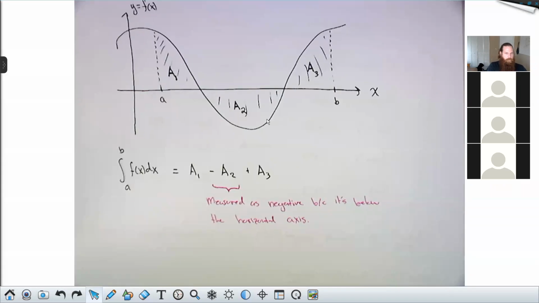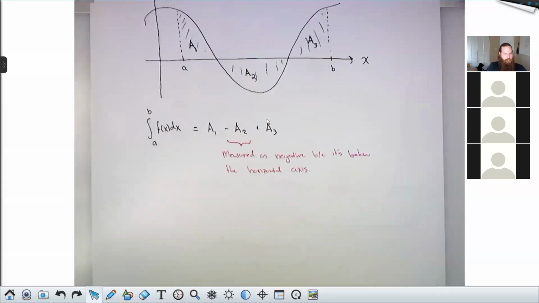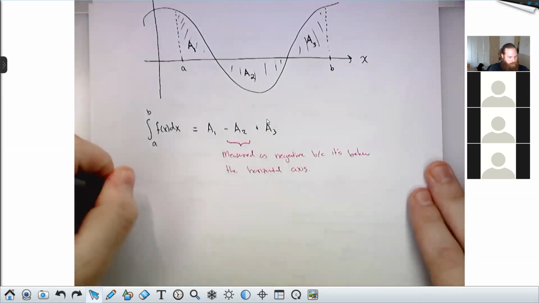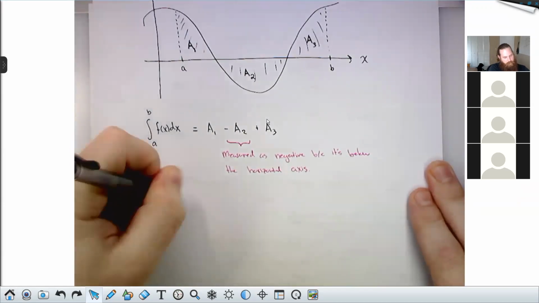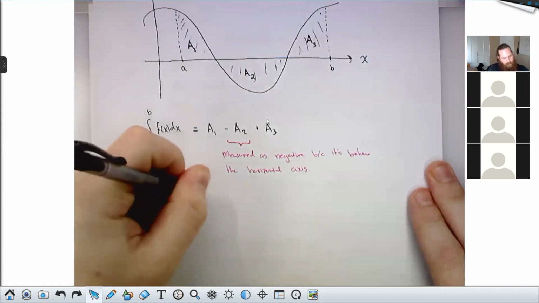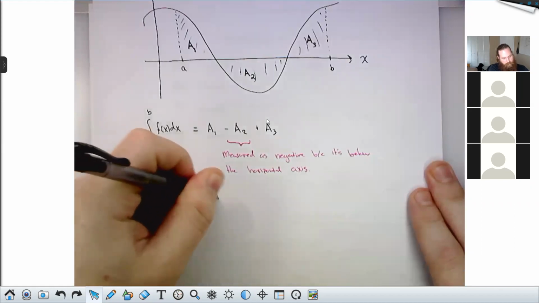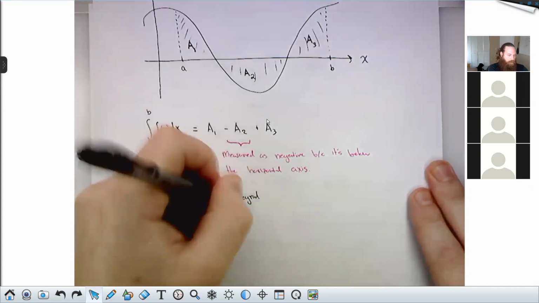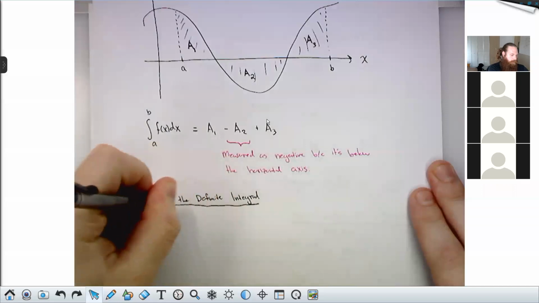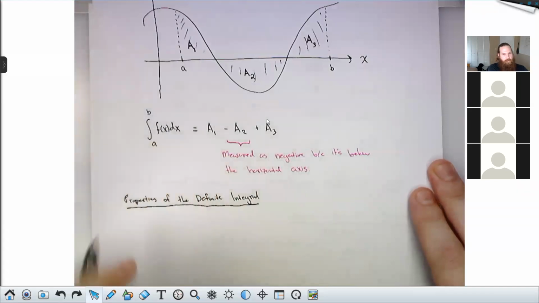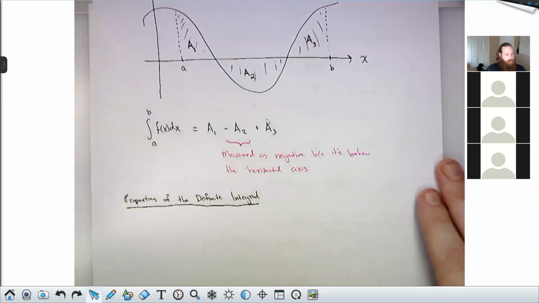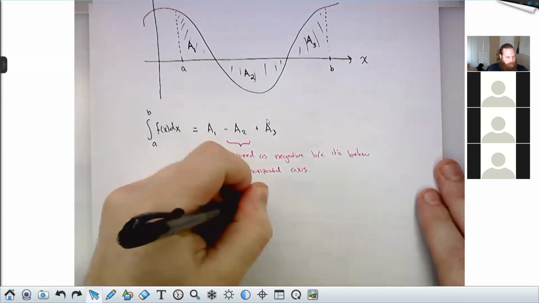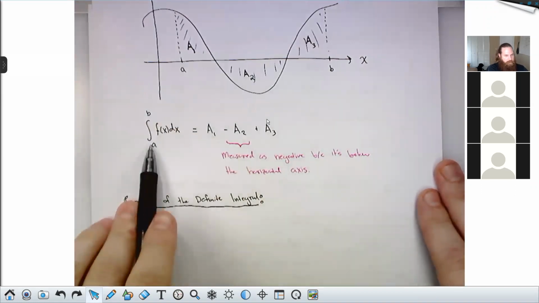The next thing I want to talk about are some properties of the definite integral. So just like properties of logarithms are algebraic statements that the logarithm satisfies, properties of the definite integral are kind of the algebra of this symbol.